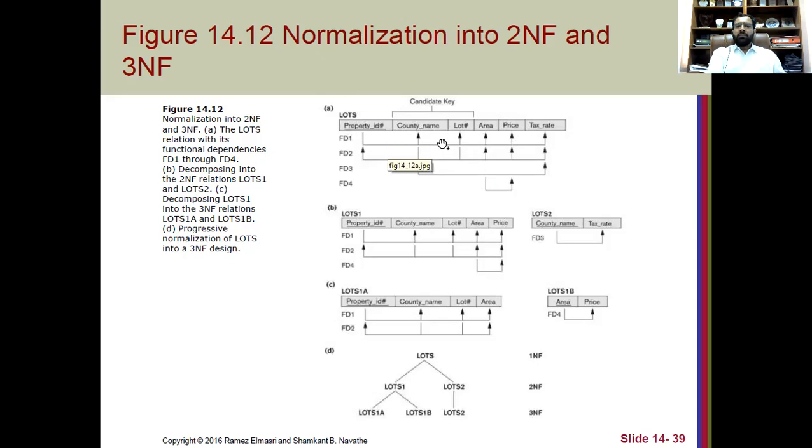Actually, all these dependencies are based on the property ID. But the county name determines the property ID, the county name and lot number determine the area, similarly the county name determines the tax rate, and the area determines the price. So you can see that we have various kinds of dependencies, and there are transitive dependencies as well.